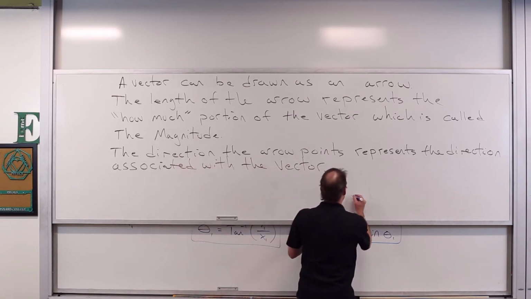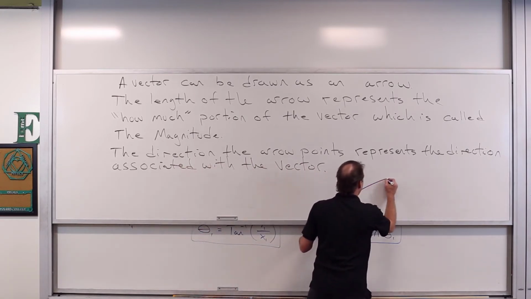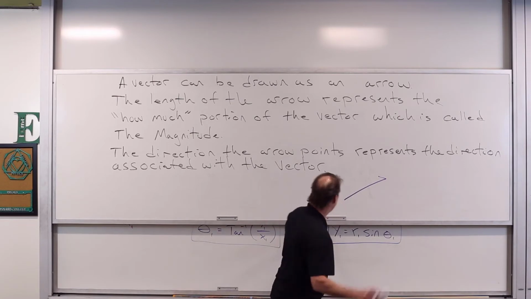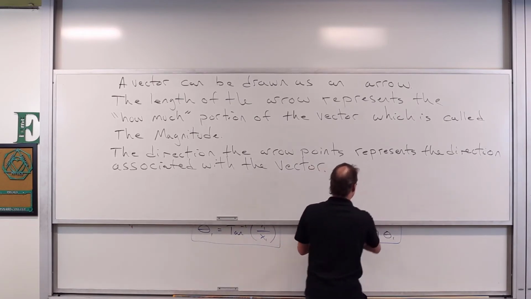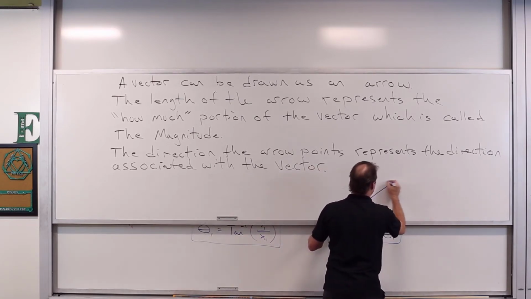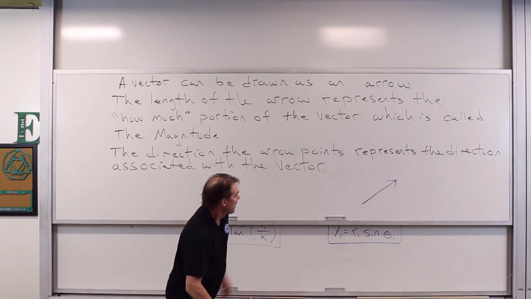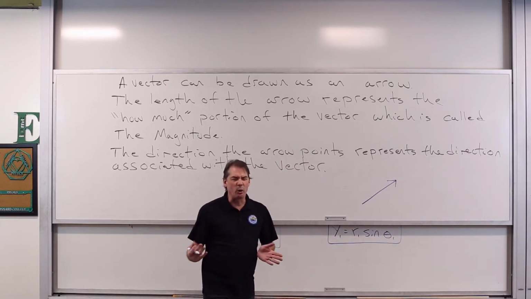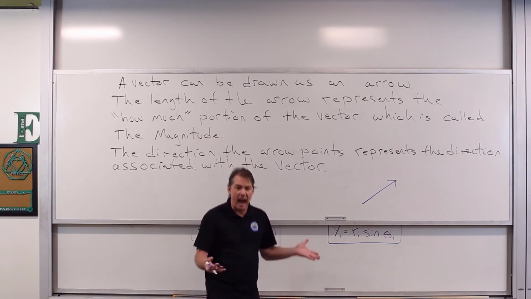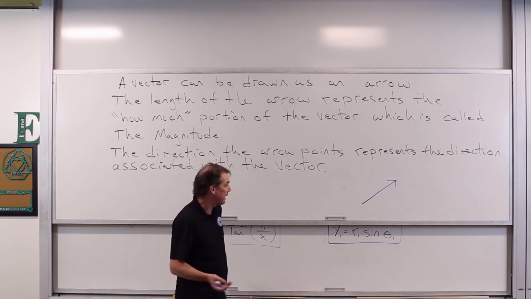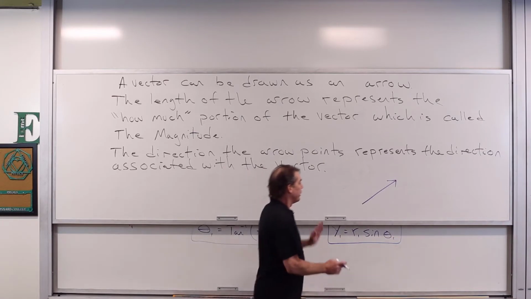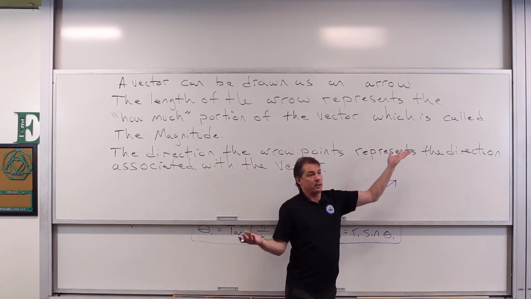So I could say that we've got some vector. Let's make a straight line. There's a vector right there. The length of this vector is scaled to represent its magnitude, its how much, the quantity associated, numeric value, and the direction that it points is the direction.